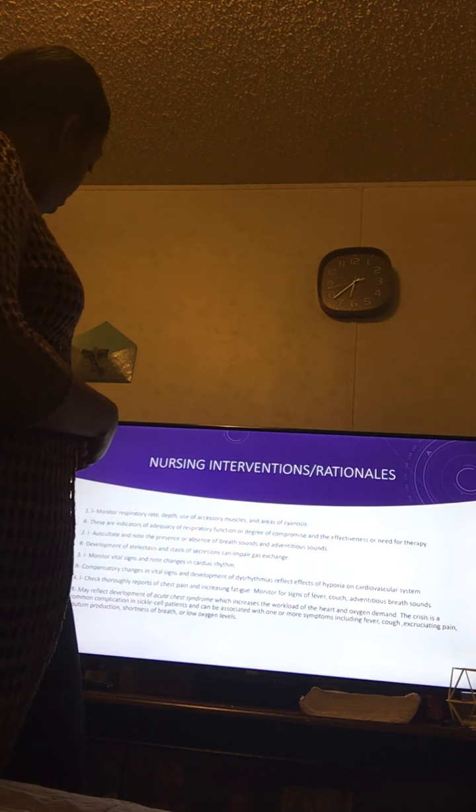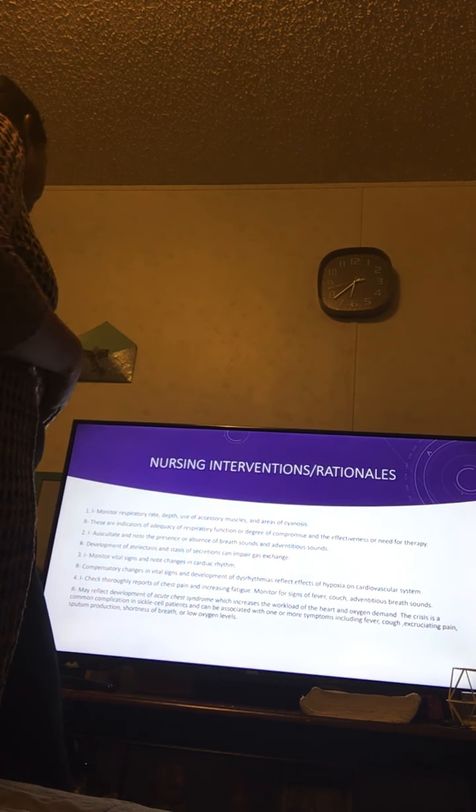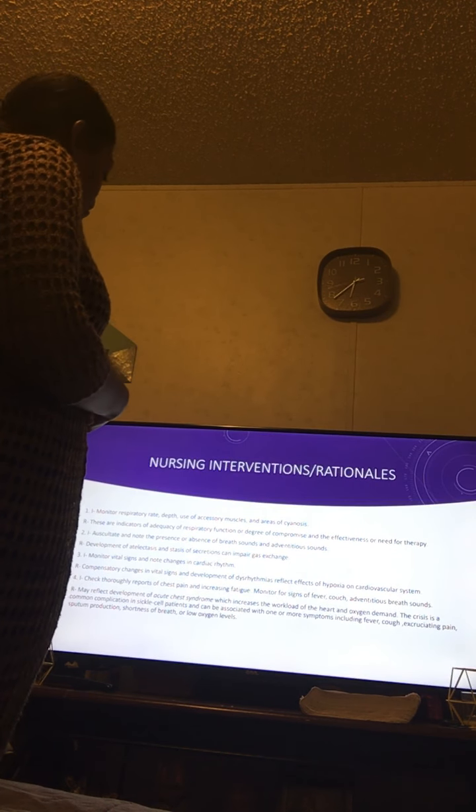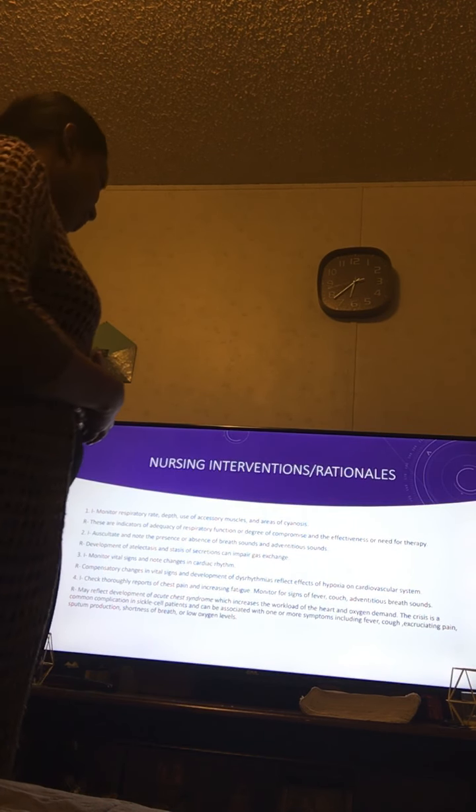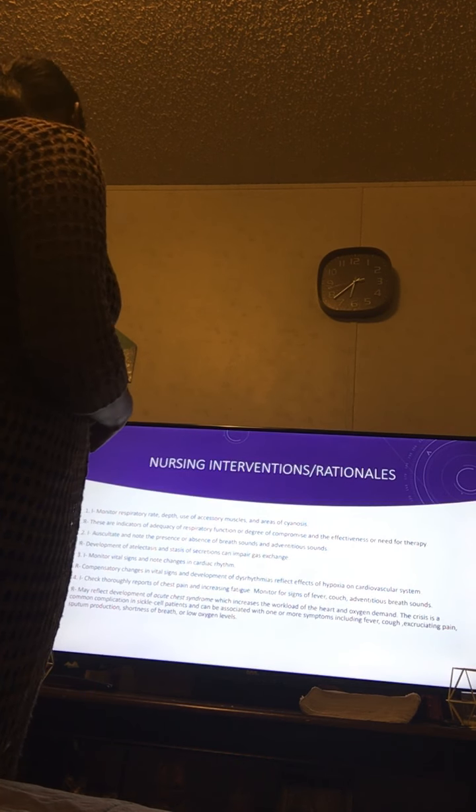Okay, let's talk about your normal interventions. We'll just read a few of these. It says you can monitor the respiratory rate, depth, use of accessory muscles, and areas of cyanosis. These are indicators of adequacy of respiratory function, or degree of compromise, and the effectiveness or need for therapy.